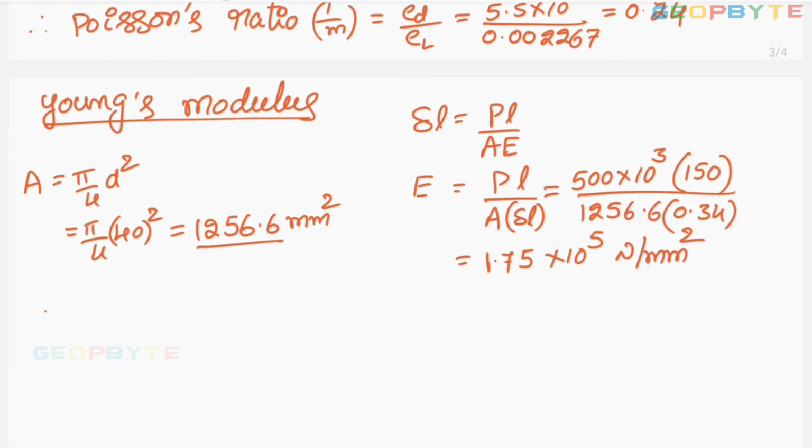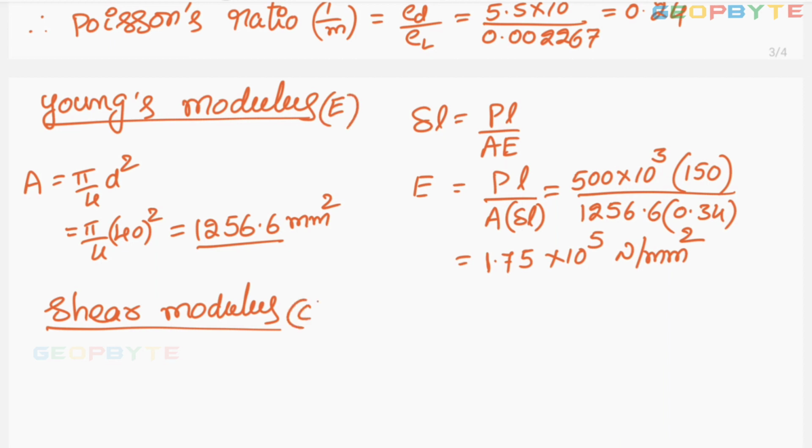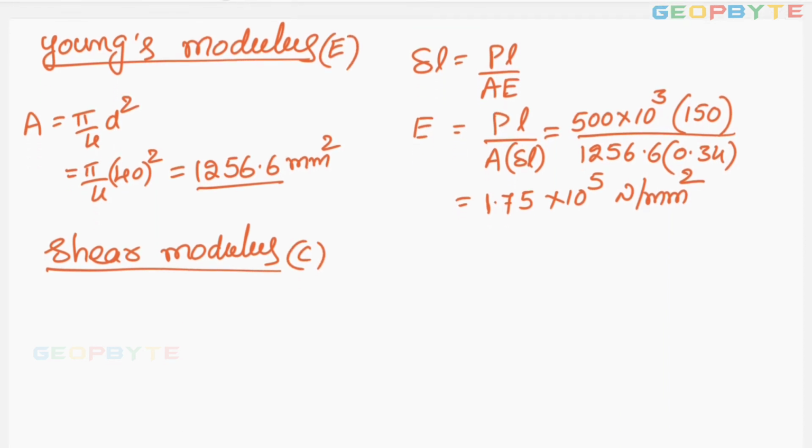Now let us find the shear modulus. Young's modulus is denoted by E, shear modulus by C. Relation between Young's modulus and shear modulus: E equal to 2C into 1 plus 1 by m.